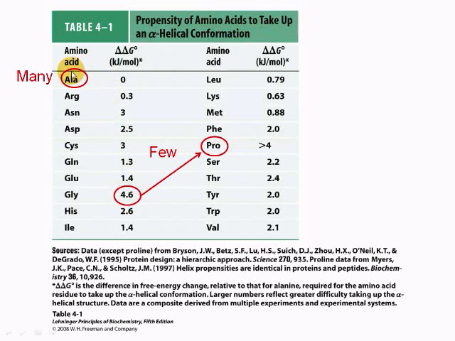And so alpha helices have lots of alanines and very few glycine and proline, and that's because of sterics. If you think about proline, it's got that strange ring structure on the R group, and so sterics would prevent it from forming that alpha helix.